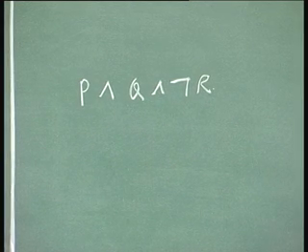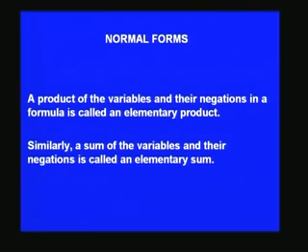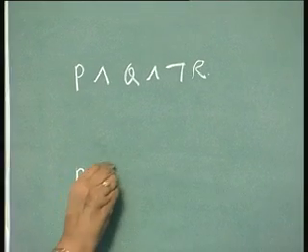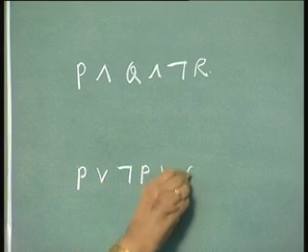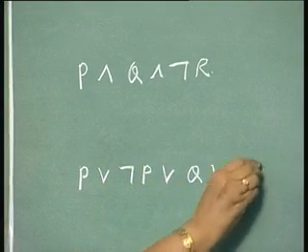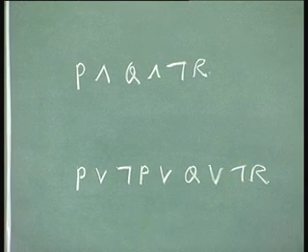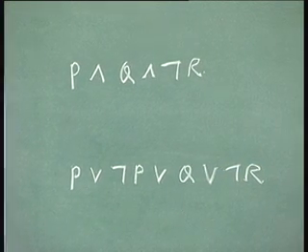Similarly, a sum of the variables and their negations is called an elementary sum. For example, something like P or not P or Q or not R is called an elementary sum.